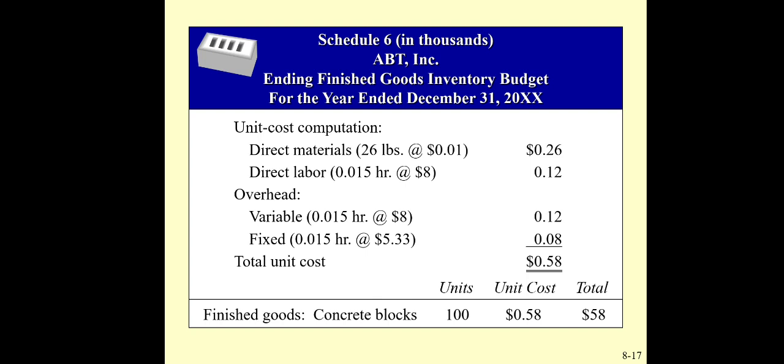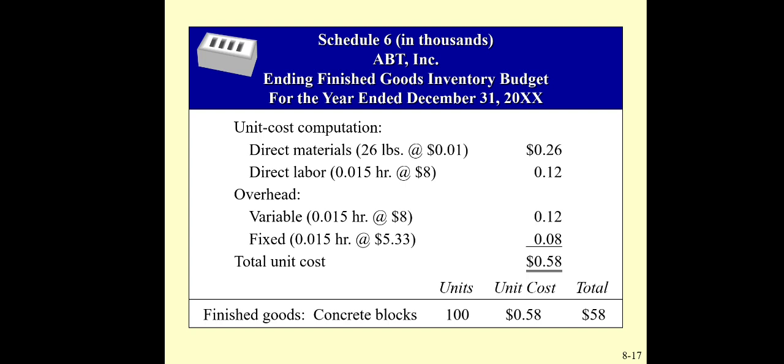The finished goods, which is the concrete block, is the product produced by this business. So for 1 unit, the cost is 58 cents. For 100 units, the cost is $58. Ending finished goods inventory budget.